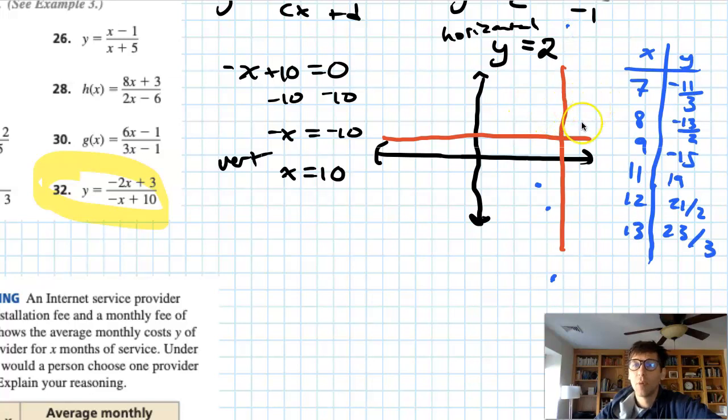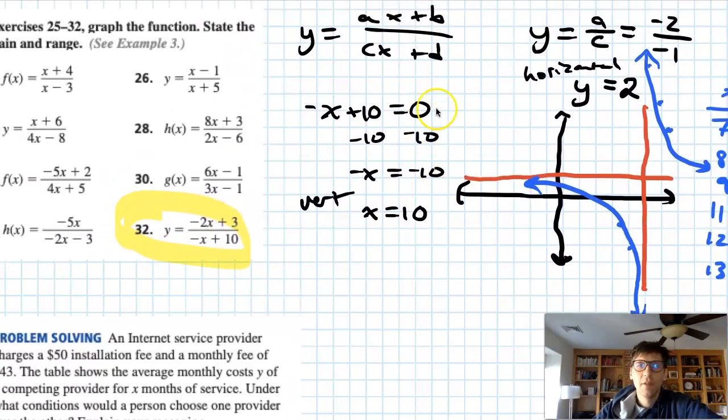I don't know, it's just a ballpark. 12, 21 halves, so that's a little bit, 10 and a half. And then 13 would be 23 thirds, which is a little bit more than 7 and 2 thirds. So I could then draw my graph. It's not perfect, but I run into my axes.